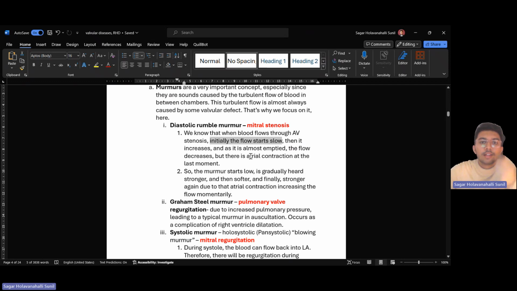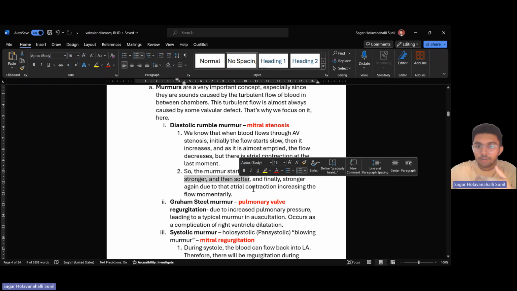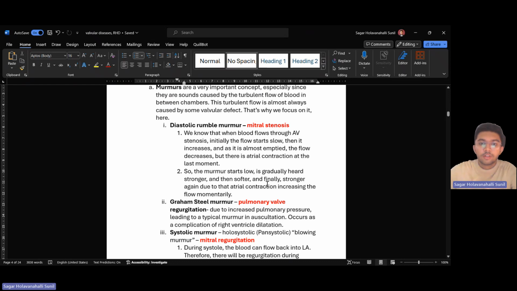And then at the last moment, there's an atrial contraction that squeezes the remaining blood left in the atrium into the ventricle. So the sound you get when this type of flow is happening starts low, then is gradually heard stronger because of stronger flow, and then becomes softer because the left atrium is almost emptied. Finally, when the atrial contraction occurs, there's again a strong sound. So this is a diastolic rumble murmur.